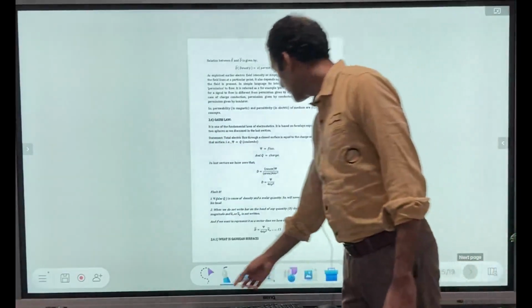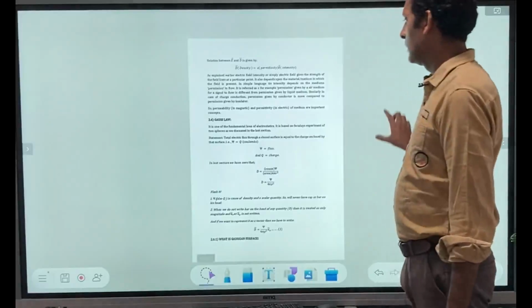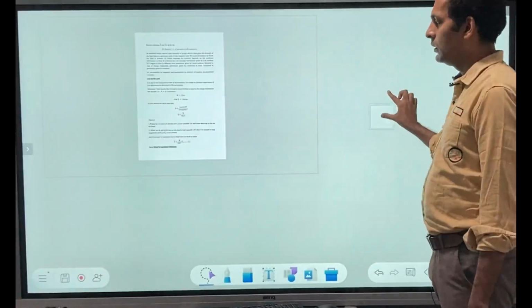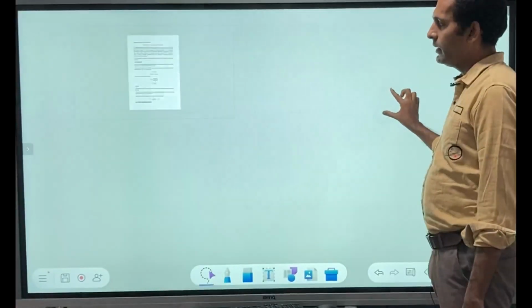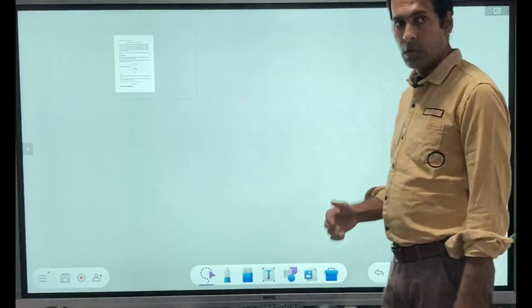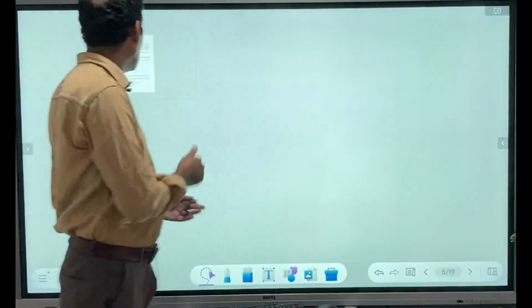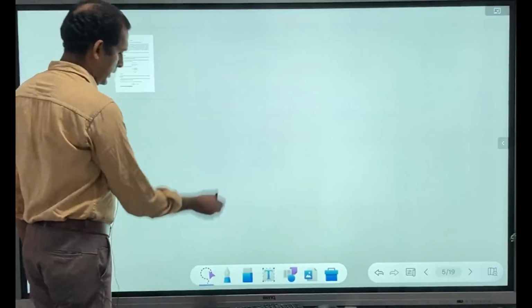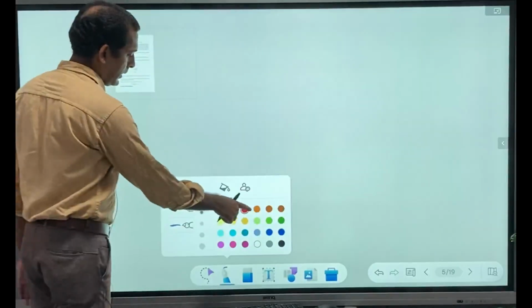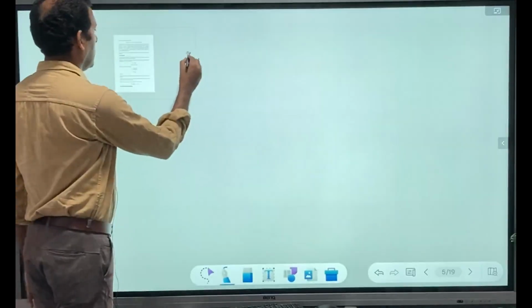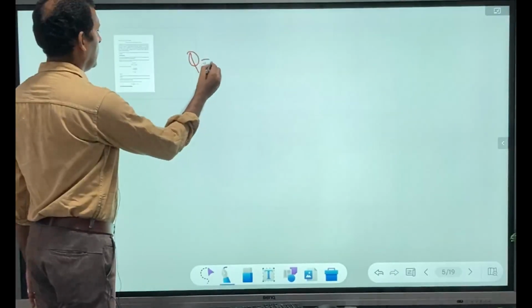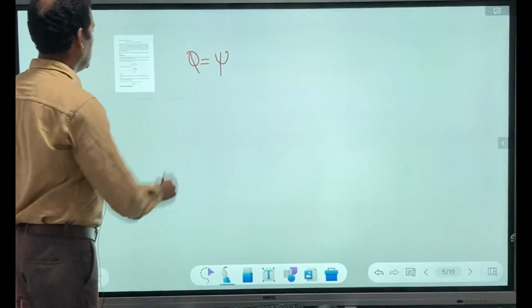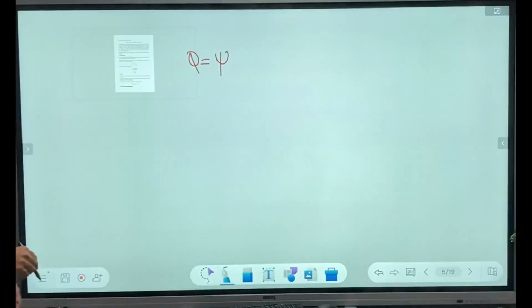Then let us discuss it in the form of Gauss law. Now Gauss law states the same thing. Gauss law says that any charge Q enclosed in any area will be equal to the flux crossing through that area.